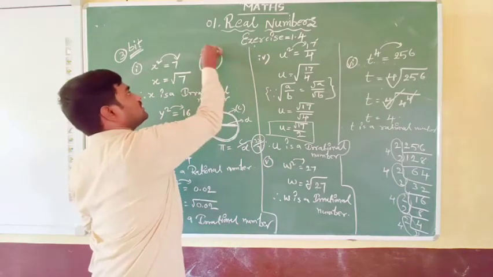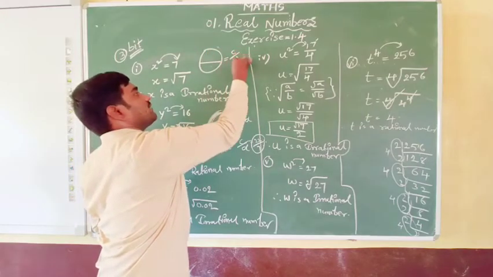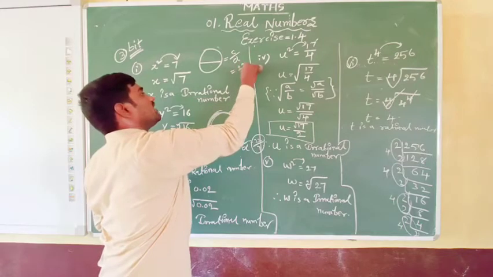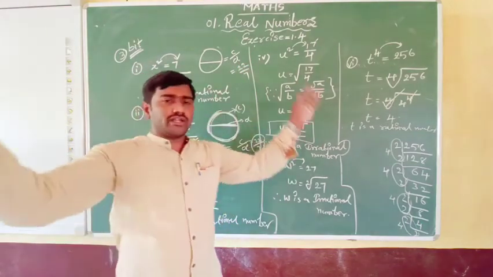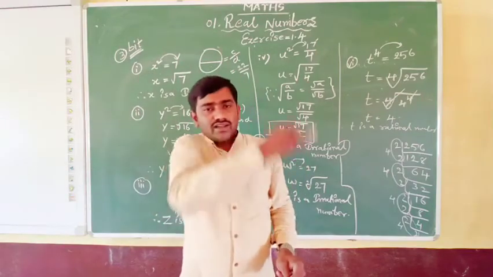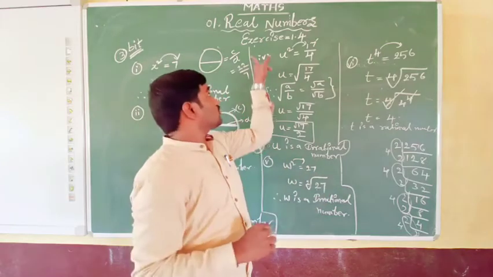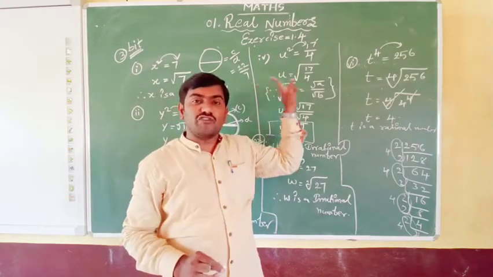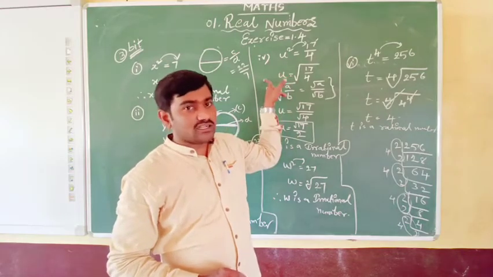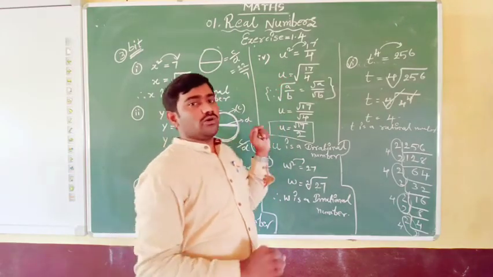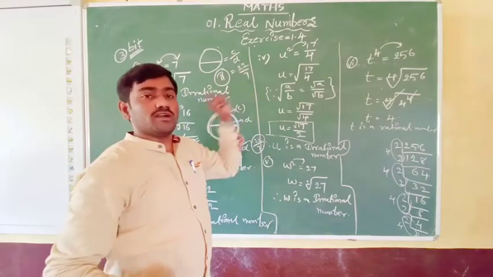Whatever circle you take, if you divide circumference by diameter, you always get 22 by 7. Then is 22 by 7 in the form of p by q? Yes, it is in the form of p by q, where p, q are integers and q is not equal to 0. And this value is denoted by pi. Pi value is also equal to 22 by 7.